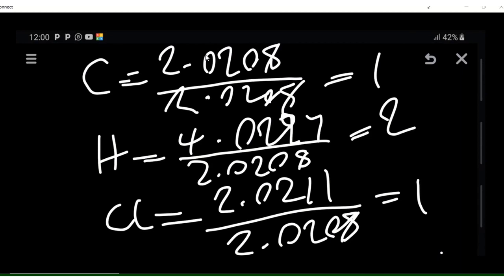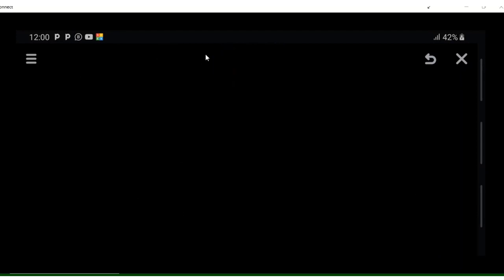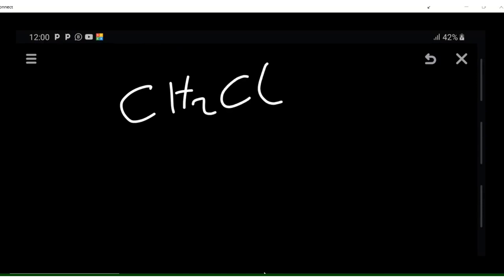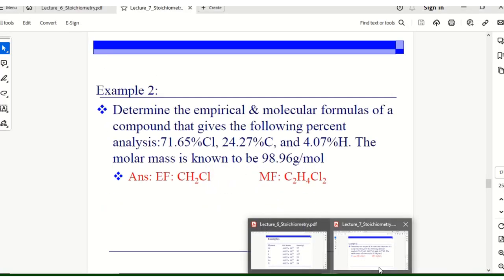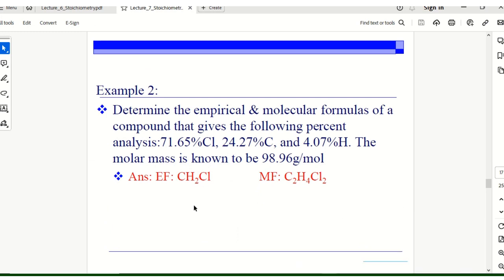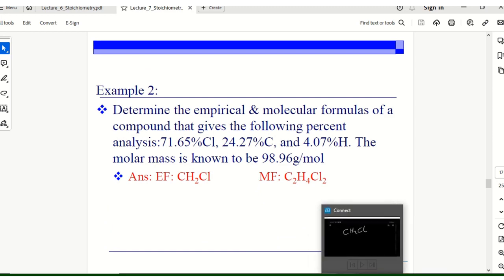So the empirical formula is CH2Cl. This is the empirical formula.